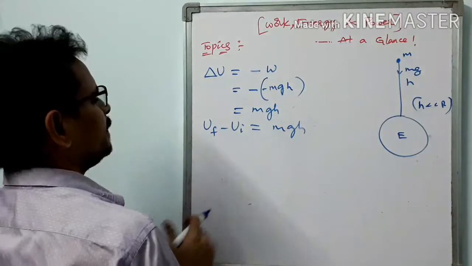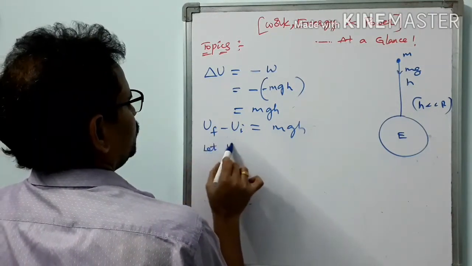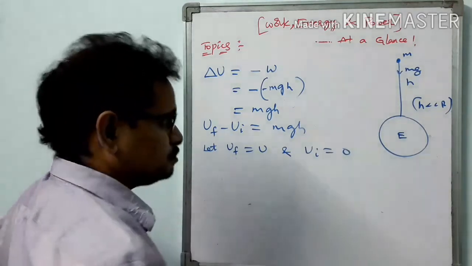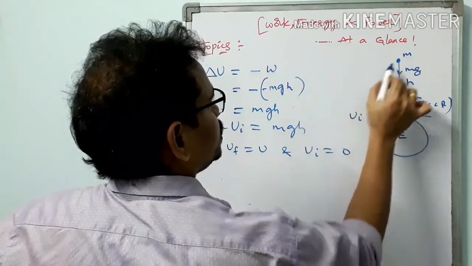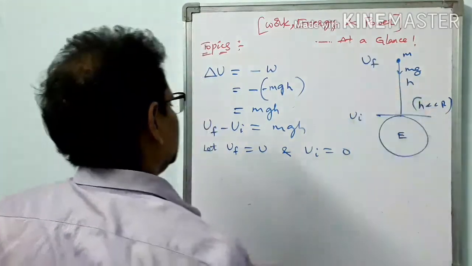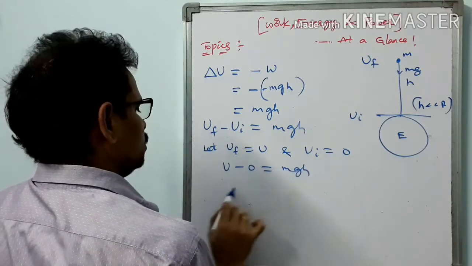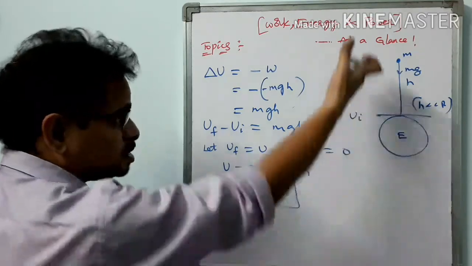So let us suppose that Uf equals U and Ui equals 0, taking this as the reference position. So U minus 0 equals mgh, or U equals mgh. What is the potential energy of that one?